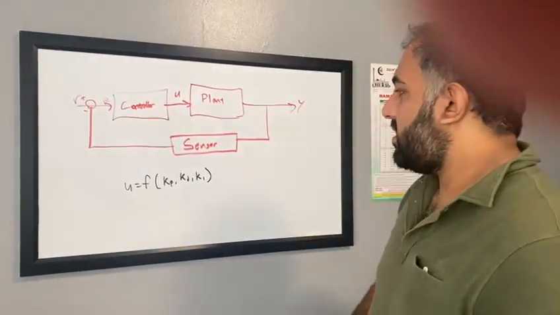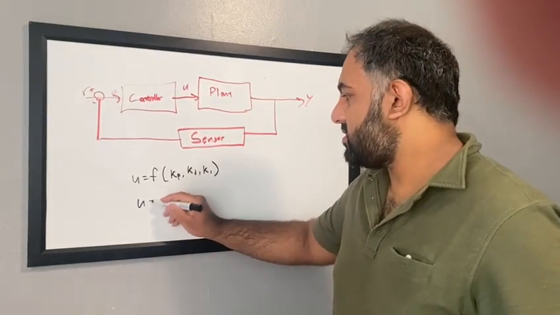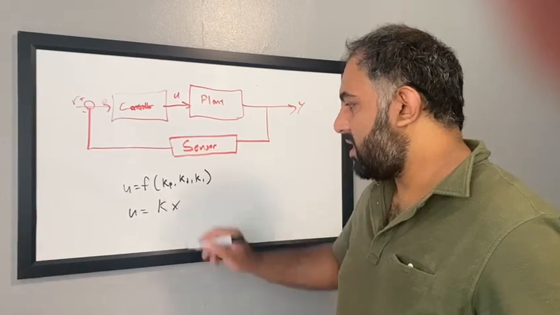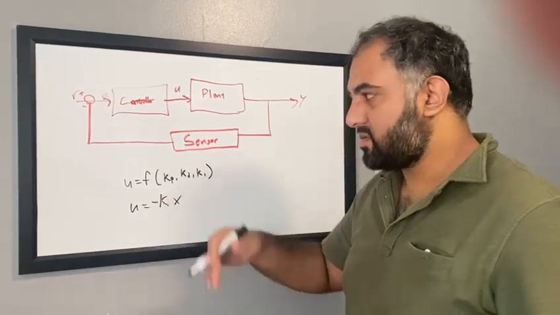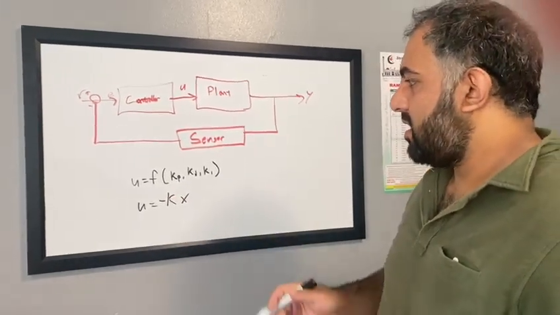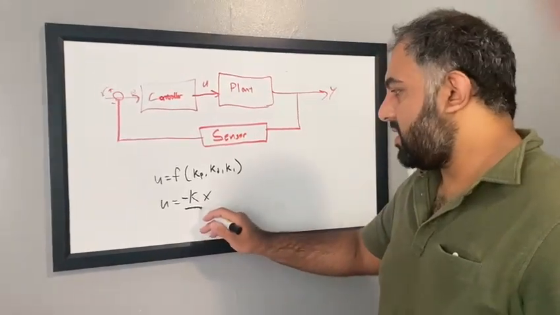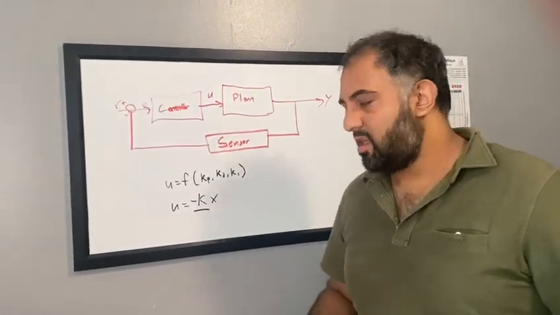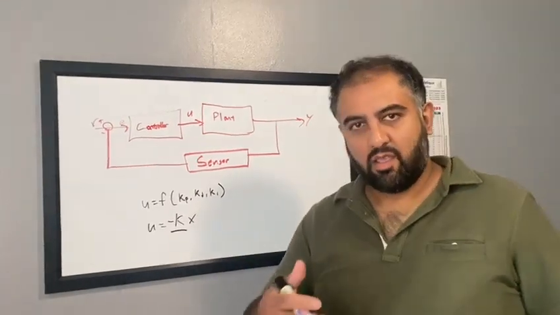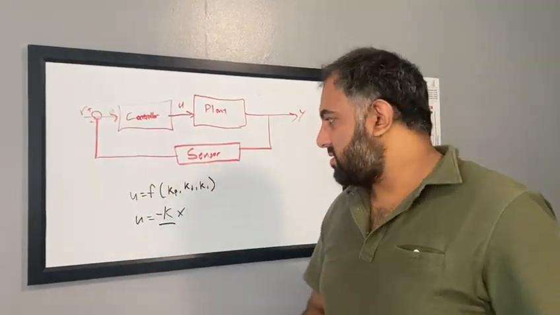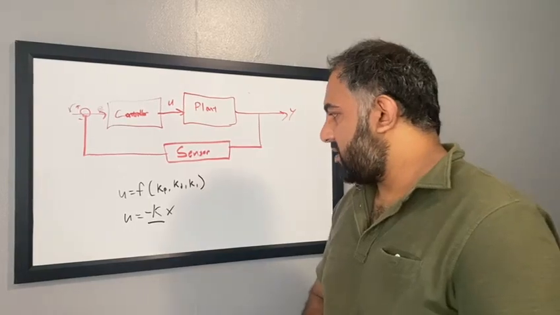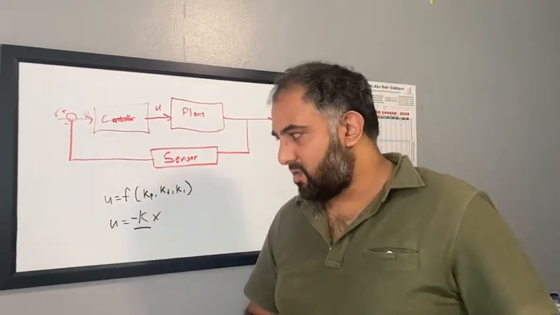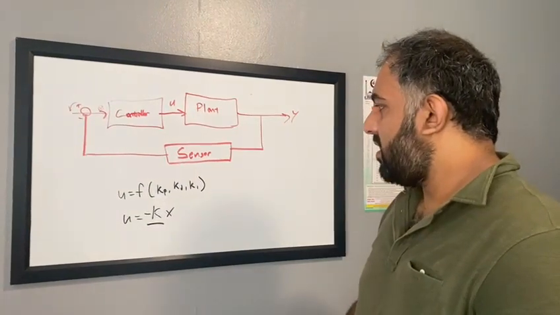Generally, U is Kx, or negative Kx if it's an opposing or correcting force. And that K could be calculated depending on the control method you use. In the case of MPC, it's calculated based on your time horizon or prediction horizon or other means. It could be bang-bang, sliding mode control, whatever.